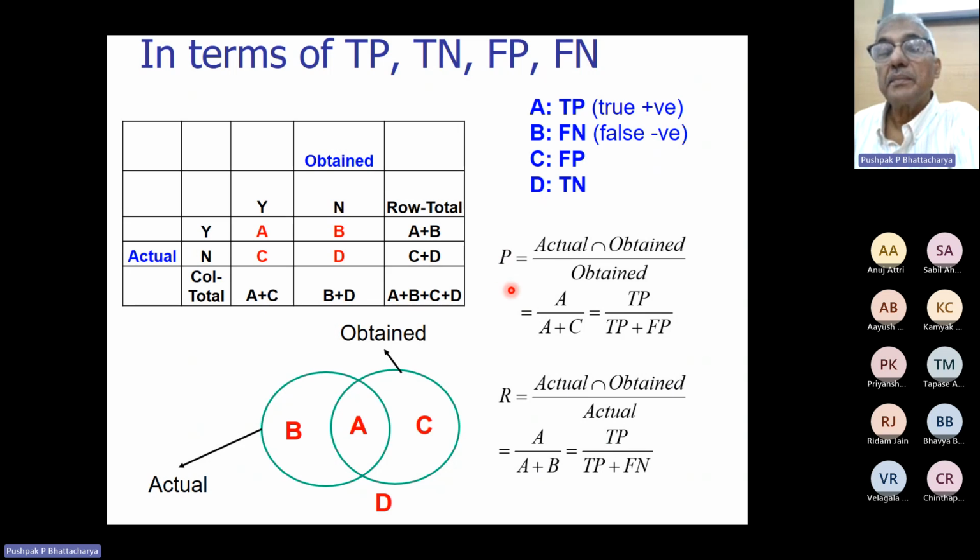Precision increasing would mean the intersection increases and the false positive begins to reduce, but that may mean false negative begins to increase, and that would interfere with the performance on recall. So precision and recall typically have an inverse relationship.